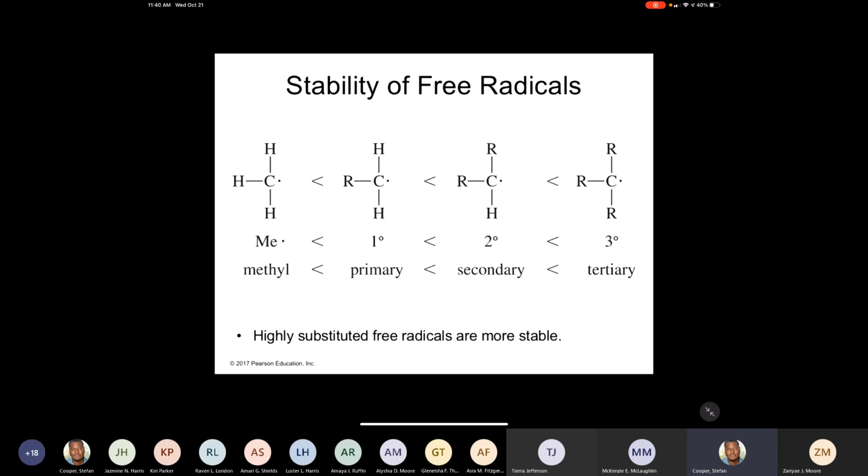So out of all these possibilities, which carbon has more sharing groups to stabilize myself? The tertiary. That's right, the tertiary, right? The tertiary carbon has 3 sharers, right? So I'm going to be more stable than the methyl radical, right? That has no carbons sharing to me, right?